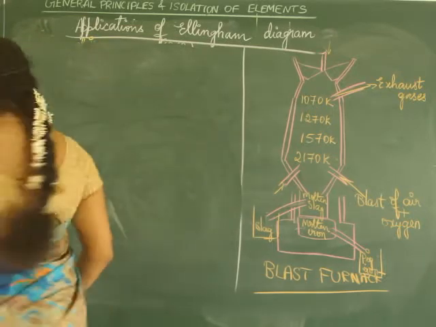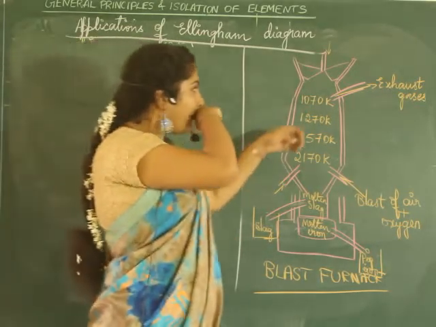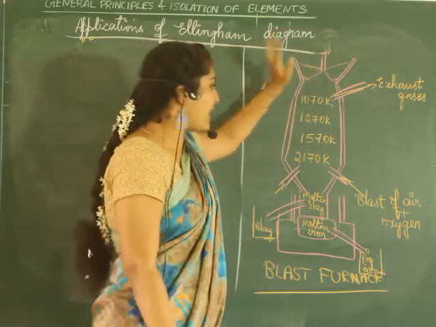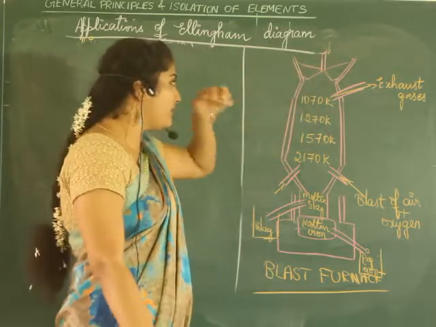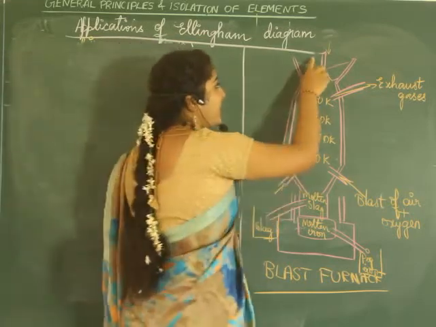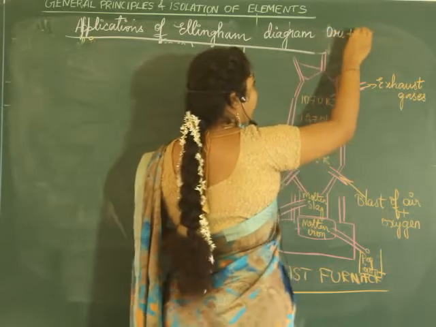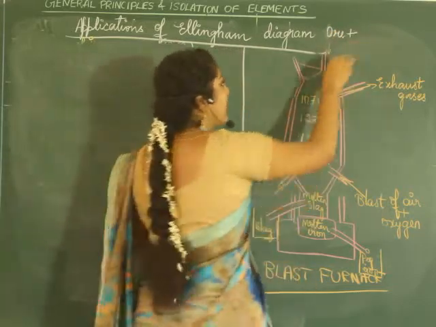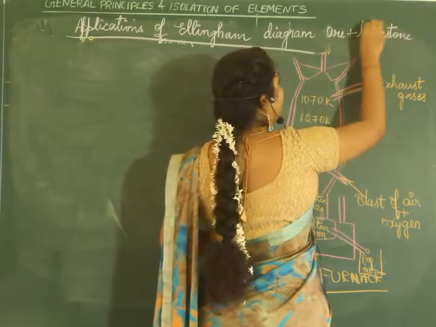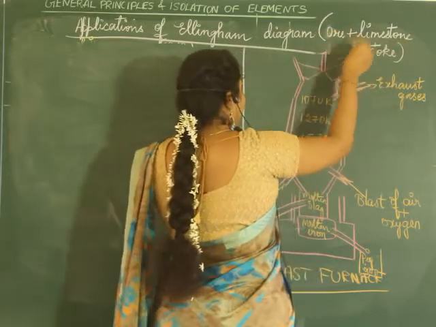Now you can see the furnace which I have drawn, which is called a blast furnace. Here there is a cup and cone arrangement, this particular arrangement. It's just a rough diagram which I have drawn. You can just refer to the diagram for this. Here through the inlet, ore of iron along with limestone and coke is introduced. Coke means carbon.